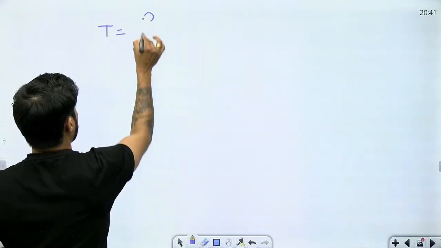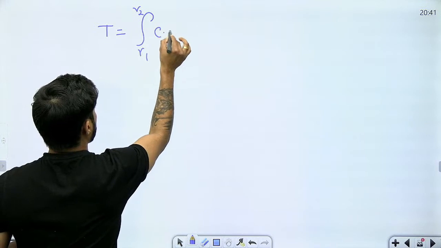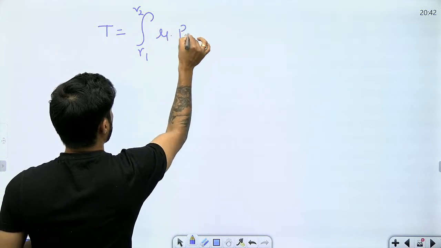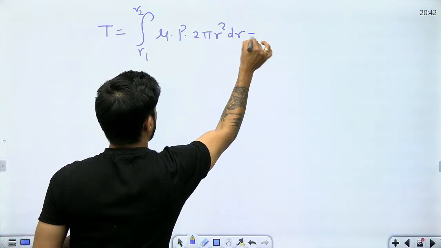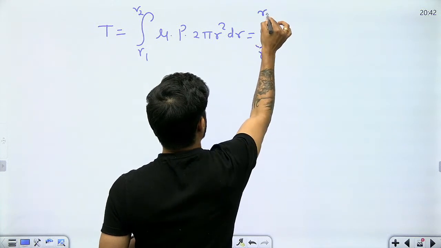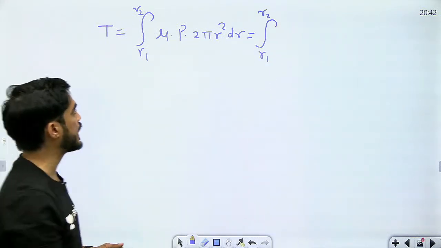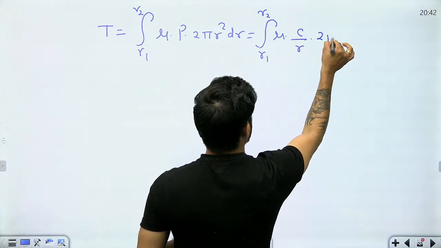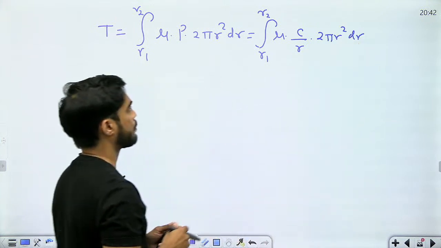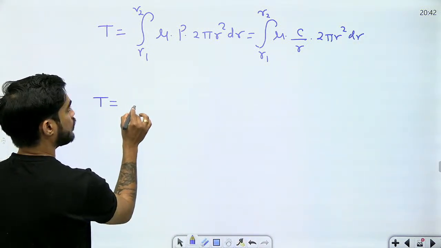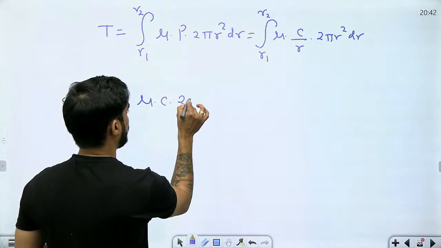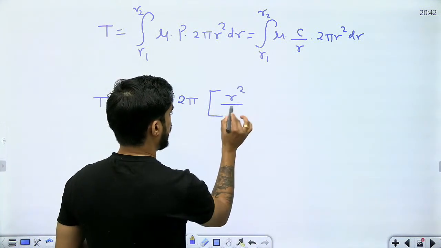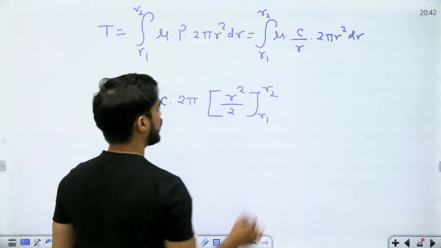T equals the integration from R1 to R2 of mu into P into 2 pi R square dr. Here also I will put P equals C by R. Mu into C into 2 pi comes out, the integrand becomes R, and if I integrate R, I get R square by 2 from R1 to R2.